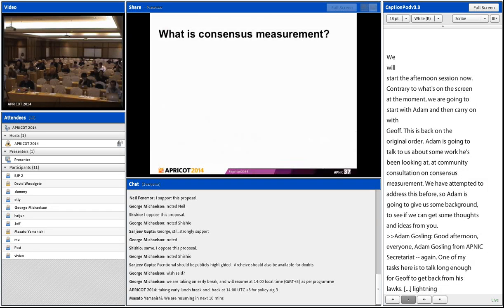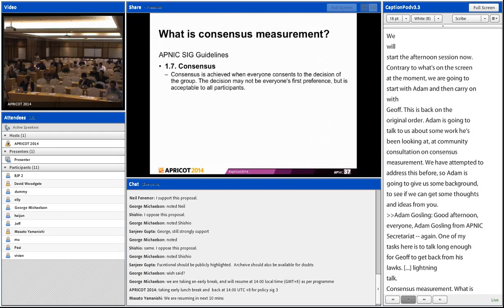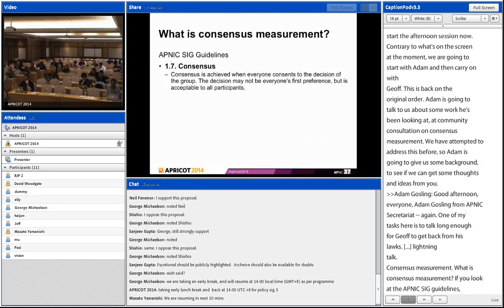Consensus measurement. What is consensus measurement? If you look at the APNIC SIG guidelines under 1.7, consensus is achieved when everyone consents to the decision of the group. The decision may not be everyone's first preference, but it's acceptable to all participants.